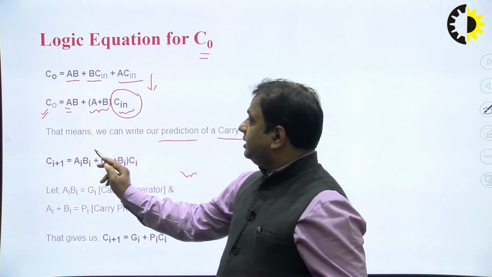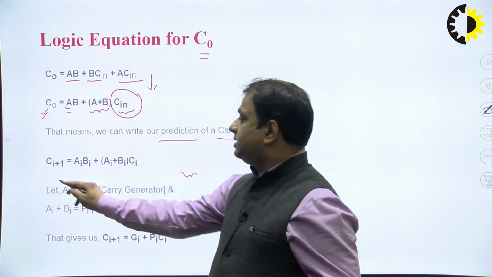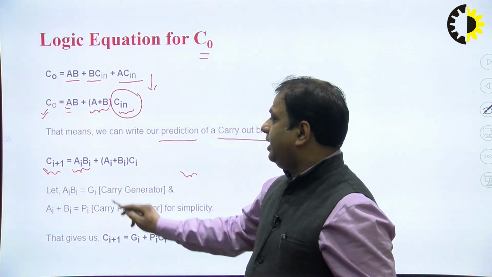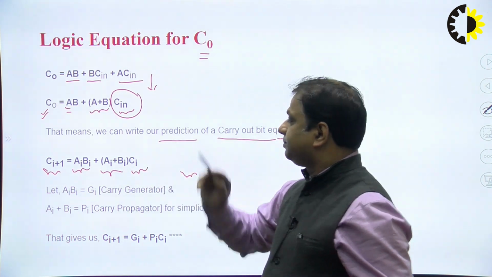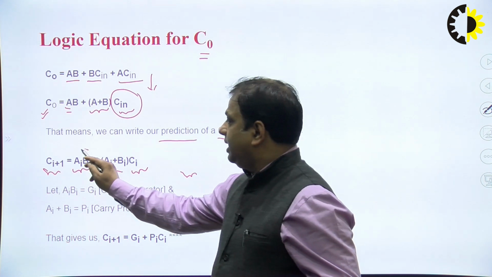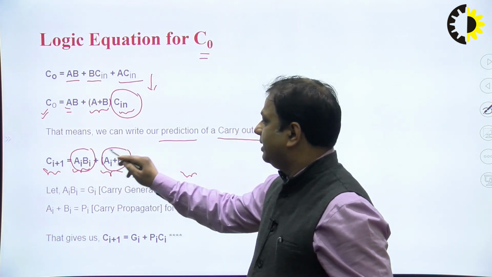This can be generalized in this way: C i plus 1 equals Ai into Bi plus (Ai plus Bi) into Ci. Here we find two terms: one is Ai Bi and the second is Ai plus Bi.